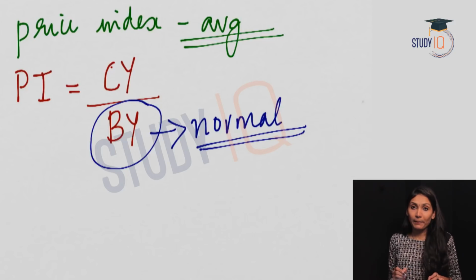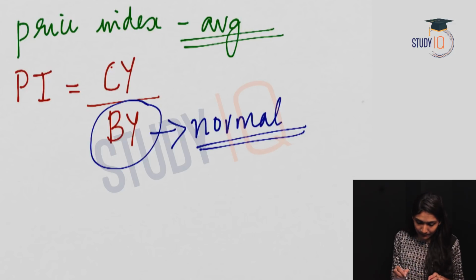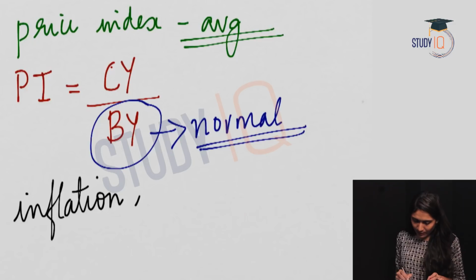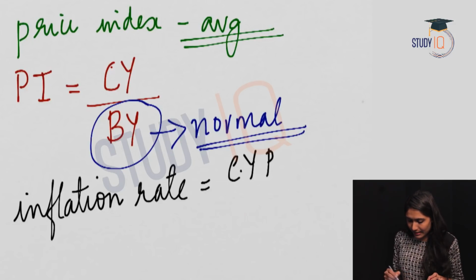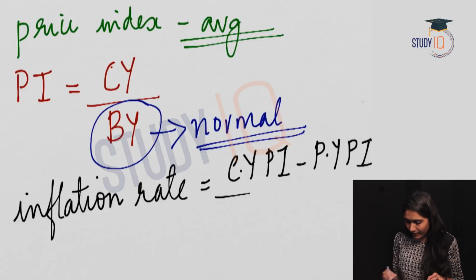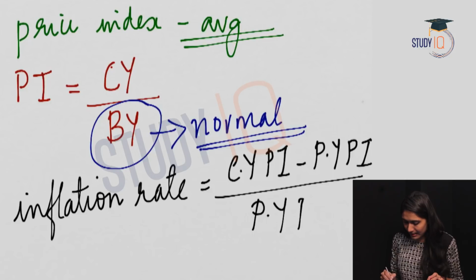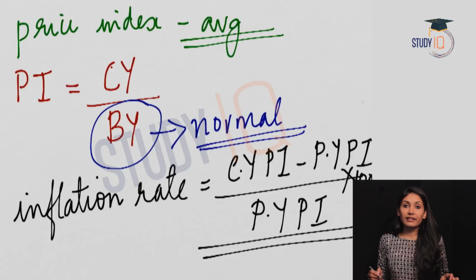And if you know the price index of the current year and the previous year, you can calculate the inflation rate. So inflation rate equals current year price index minus previous year price index, divided by previous year price index, into 100. Hope this is clear for you.